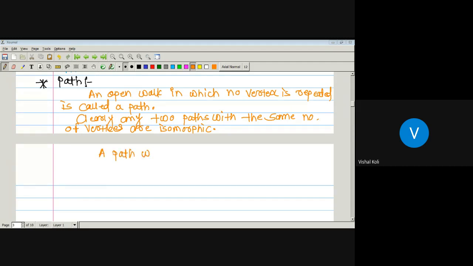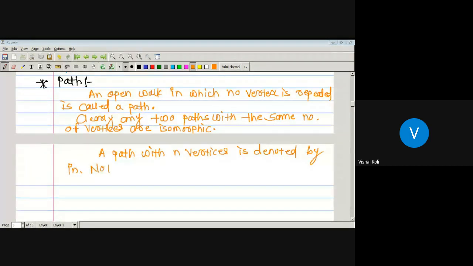A path with n vertices is denoted by Pn. And what is the length of that path? If there are n vertices in a path, then how many edges are there? N minus 1.